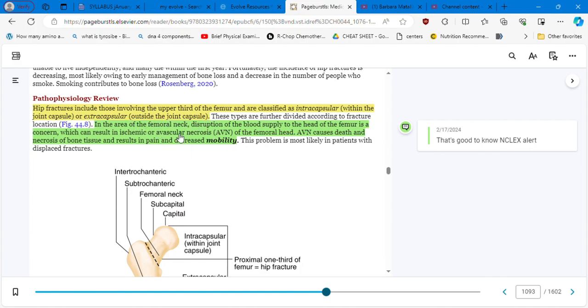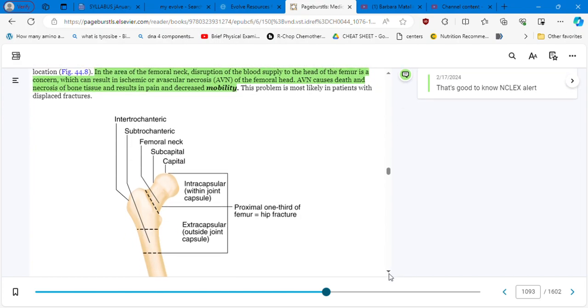In the area of the femoral neck, disruption of the blood supply to the head of the femur is a concern, which can result in ischemic or avascular necrosis of the femoral head. Avascular necrosis causes death of bone tissue and results in pain and decreased mobility.